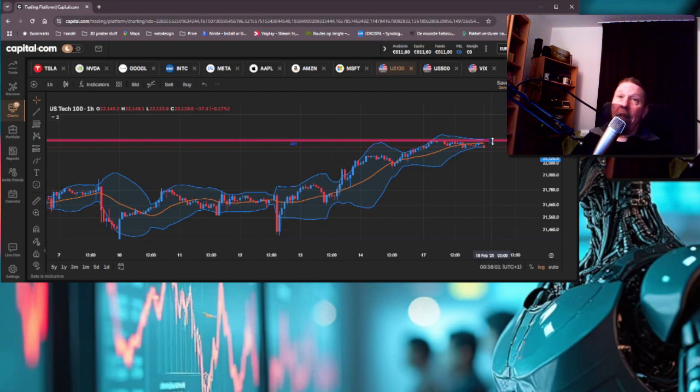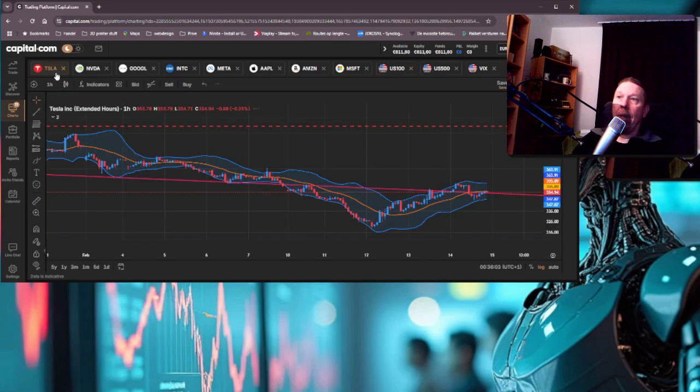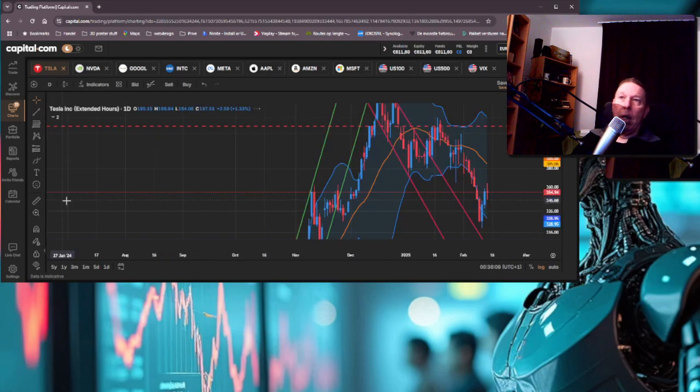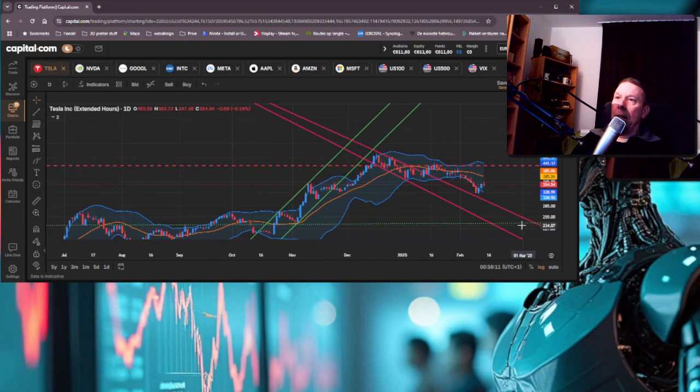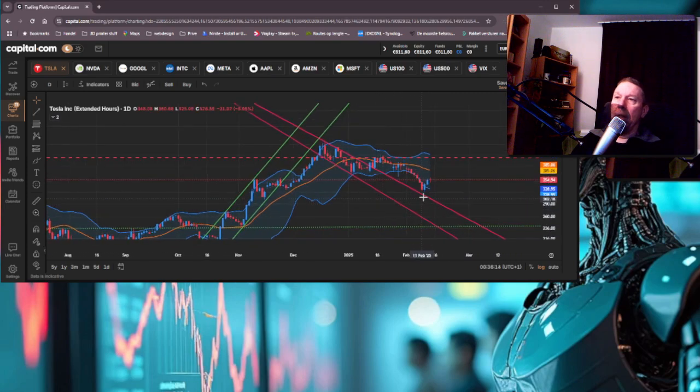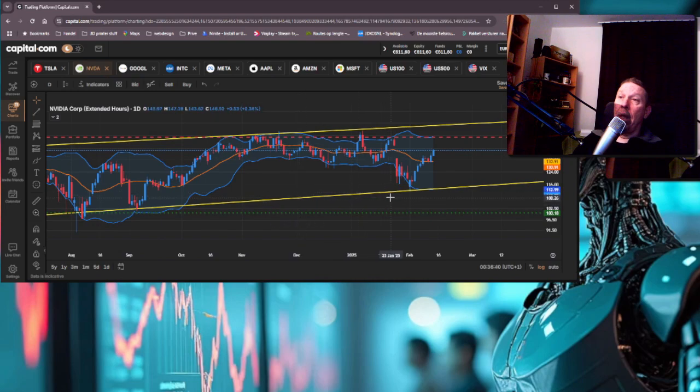There is absolutely nothing. We can look at Tesla. Tesla, it's the 1 hour. Yeah, let's take the 1 day. Tesla is in a downtrend, a slight lift up the last couple of days, but it's still in a downtrend. It's not breaking it, so it's still a downtrend, although we have higher highs and higher lows, but I don't think it's really a trend going up. Then we have Nvidia within a slow uptrend.